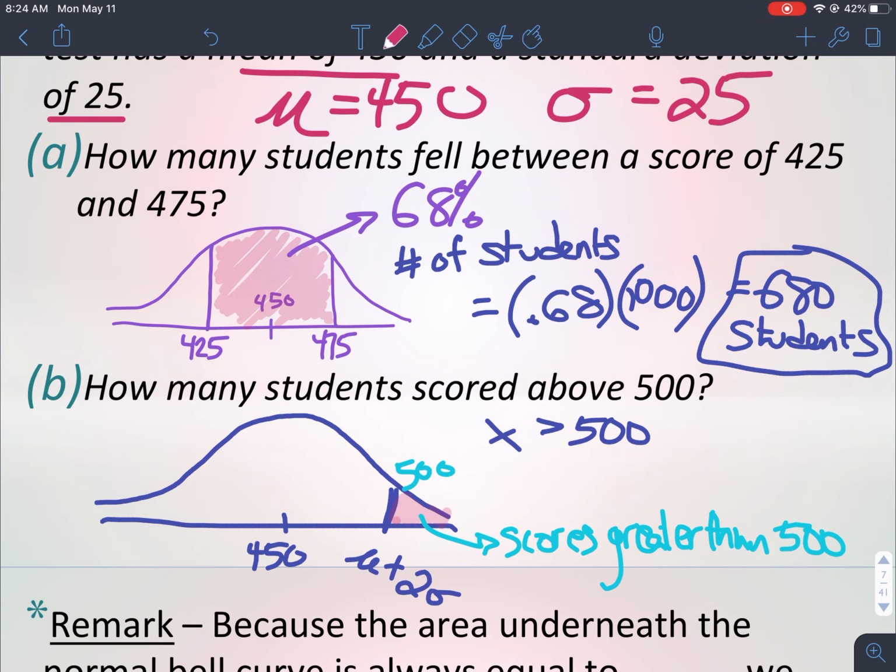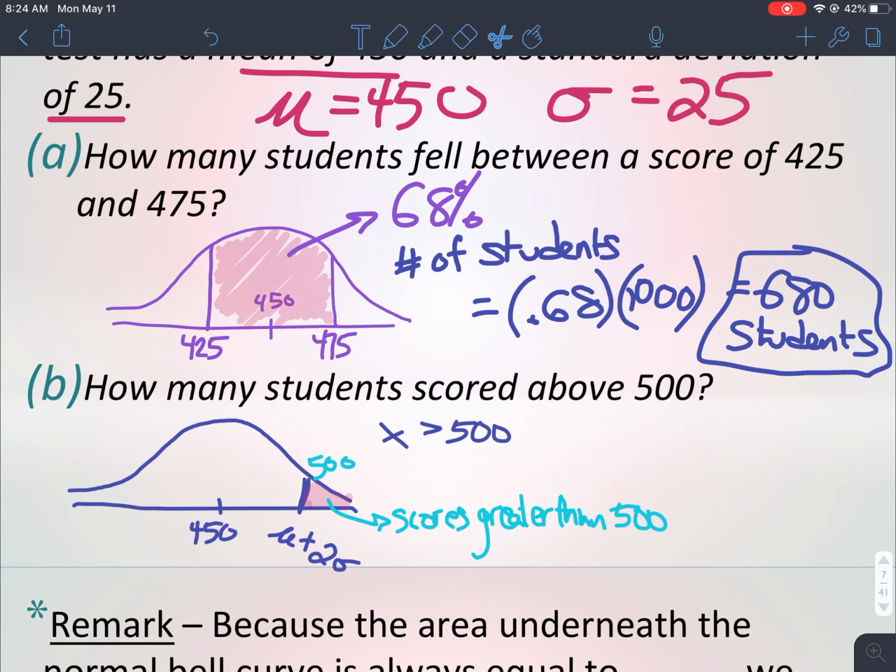Okay, so now, first of all, what percentage is that small area? If it's 2 standard deviations away, then that means that this should be 95% of the data. And that means each tail is half of 5%. So this would be 2.5%. And this would be 2.5%.